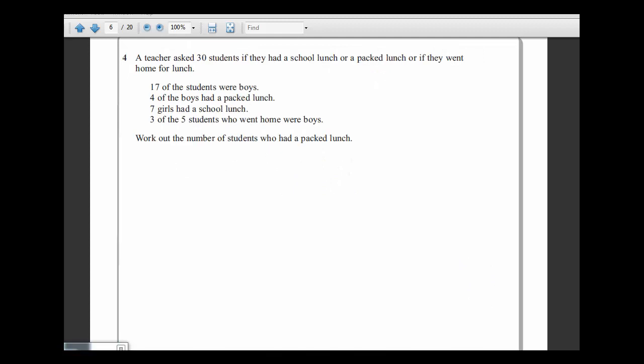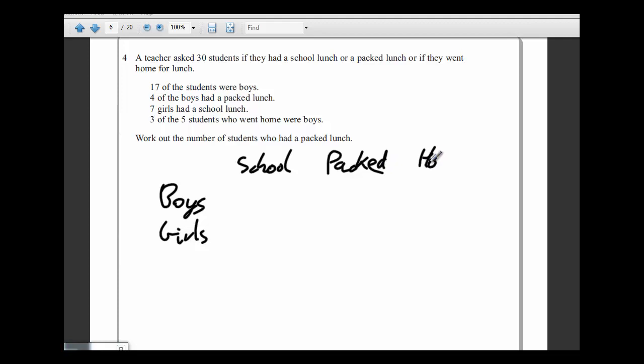A teacher asked 30 students if they had a school lunch or a packed lunch, or if they went home for lunch. So we want to work out the number of students who had a packed lunch. Now the easiest way to do this is in a 2-way table. So we know we've got boys and girls, and we've got school lunch, packed lunch, or home lunch.